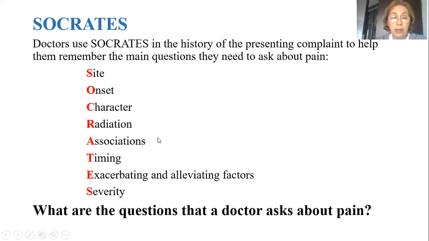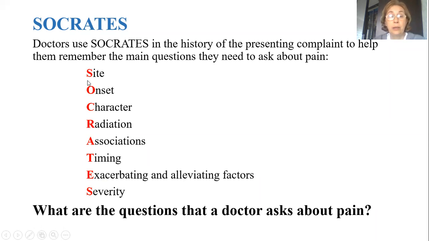As you can see, this model is described on this slide. You can see the word SOCRATES going down in red letters, and each letter of this word stands for a question about pain.